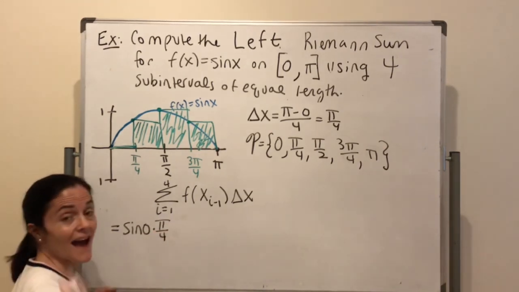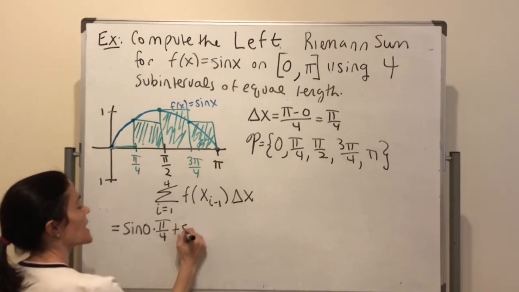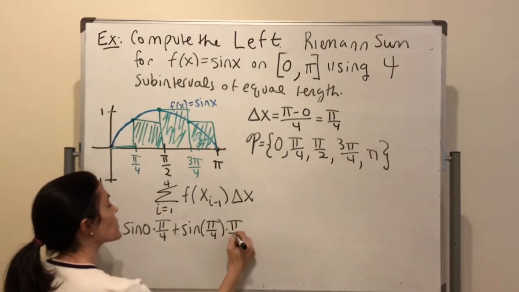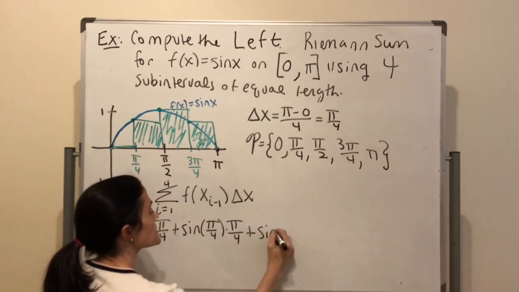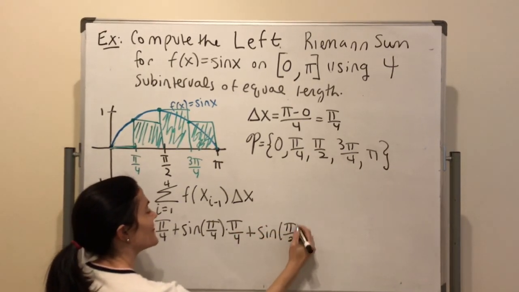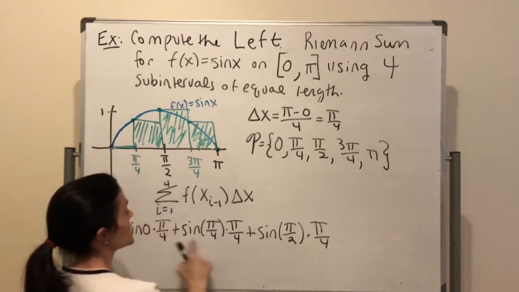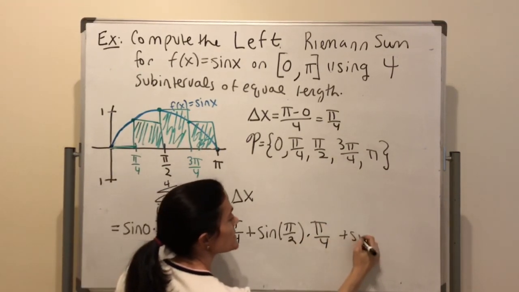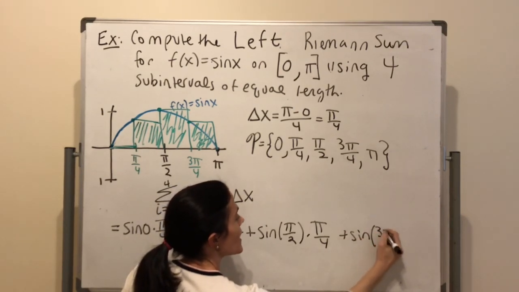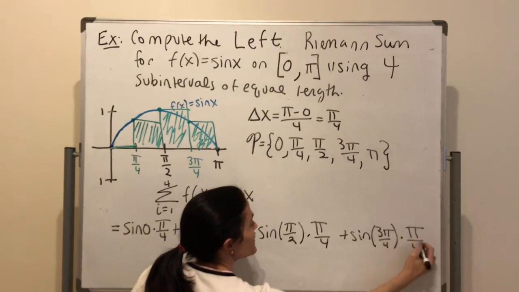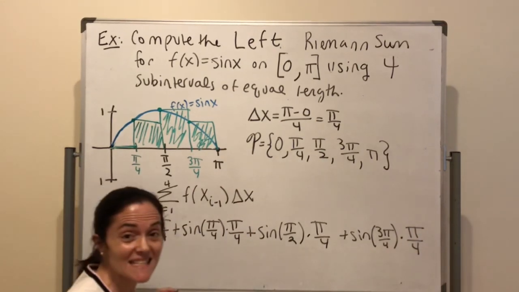That would be i equals 1. And then we have sine of pi over 4 times pi over 4 plus sine of pi over 2 times pi over 4. This is 1, 2, 3. The last one is the sine of 3 pi over 4 times pi over 4. Okay, this is the Riemann sum.